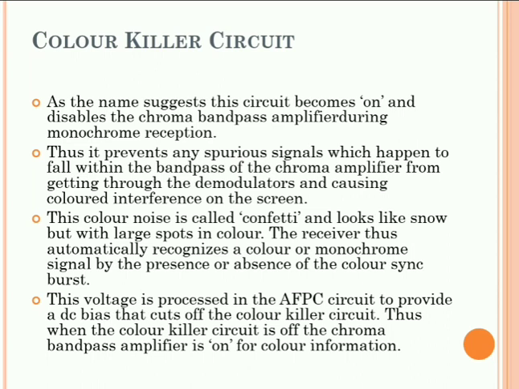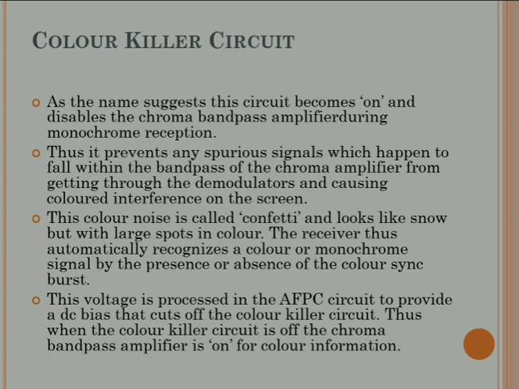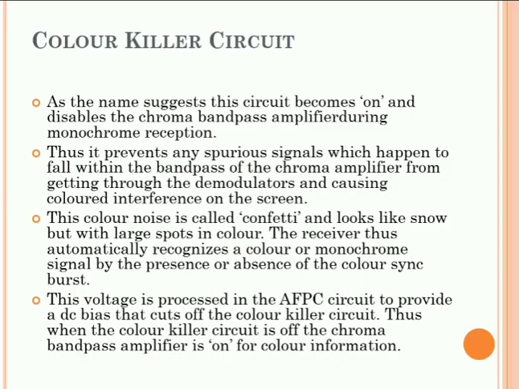This color noise is called confetti and looks like snow but with large spots in color. The receiver thus automatically recognizes color or monochrome signals by the presence or absence of the color synchronization burst. This color noise is nothing but large spots of color. If we are watching a color television and see some different spots on it, that is nothing but the noise that is added.